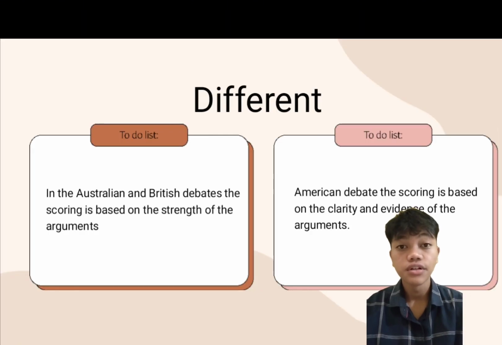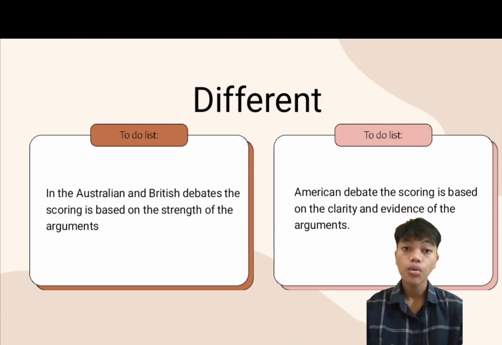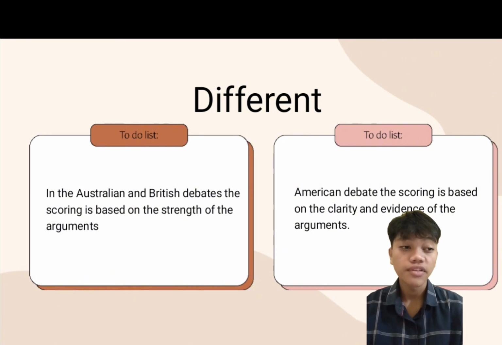What is the difference between the American parliamentary debate and the British and Australian parliamentary debate? Okay, I will explain. In the Australian and British parliamentary debate, the scoring is based on the strength of the arguments. Sedangkan di American debate, the scoring is based on the clarity and evidence of the arguments.